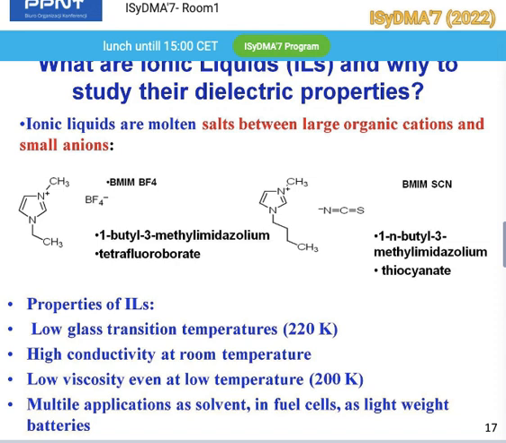For instance, for this ionic liquid, you have a glass transition temperature at 220 K. You have quite high conductivity, typically 10 to the -3 Siemens per centimeter at room temperature. One has a low viscosity, and of course, these ionic liquids form a novel solvent, but due to the high conductivity they can also be used in fuel cells, but also in lightweight batteries, and so on.